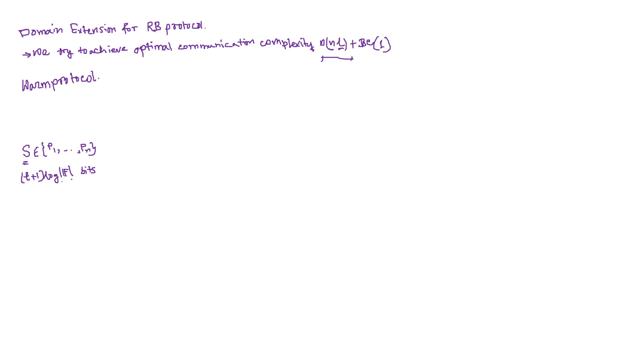So that many bits are required to represent a field element from F, and such t plus 1 field elements are part of a single message that needs to be broadcast by S. That's why this length t plus 1 into log F comes, right?